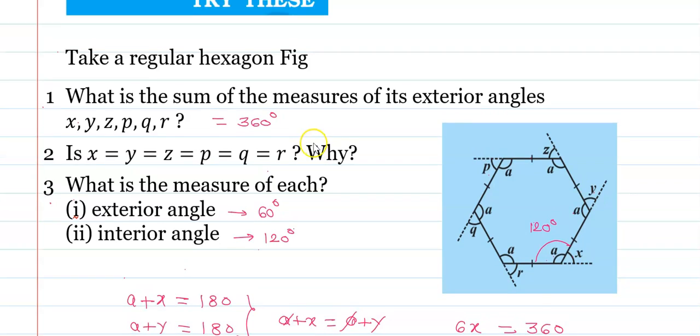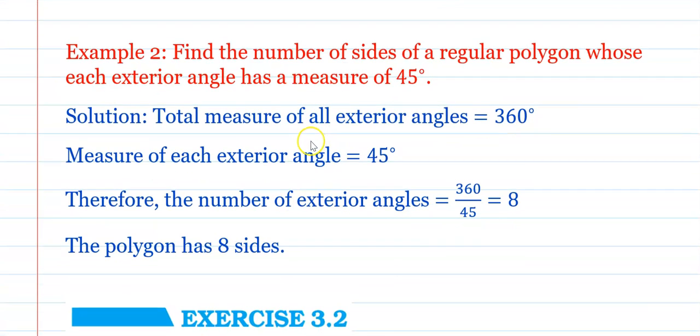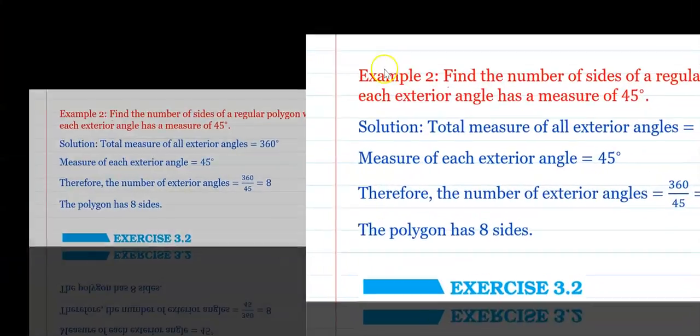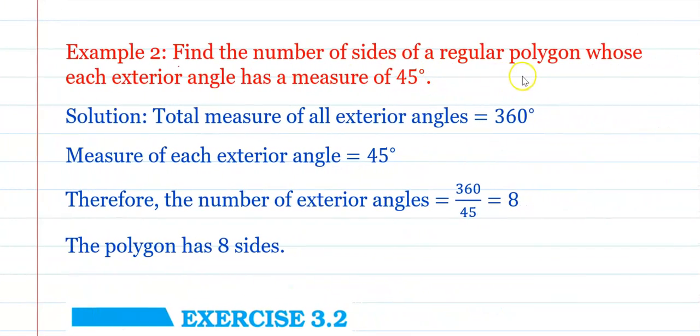Now the next: find the number of sides of a regular polygon whose each exterior angle has a measure of 45. The total measure of all exterior angles is 360.